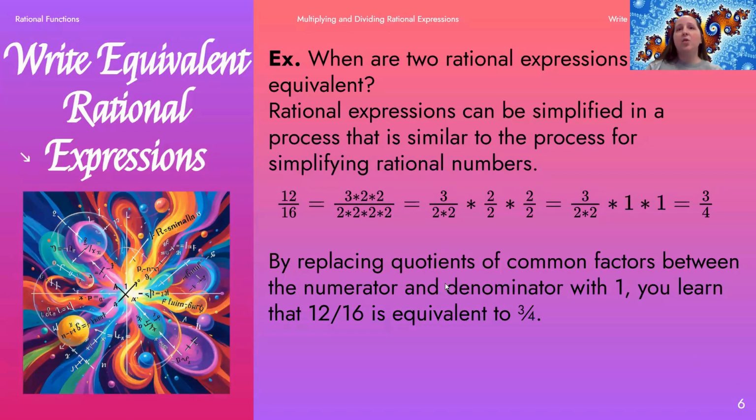And then I can cross off. I can basically create groups of 1. So 3 divided by 2 times 2, times 2 over 2 times 2 over 2, which is the same thing as saying 3 divided by 2 times 2 times 1, or 3/4. By replacing quotients of common factors between the numerator and denominator with 1, you learn that 12/16 is equivalent to 3/4.